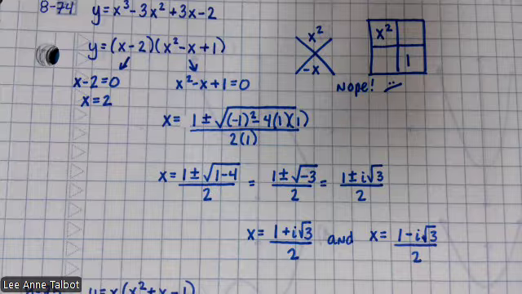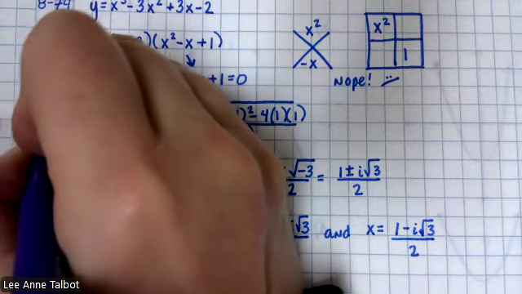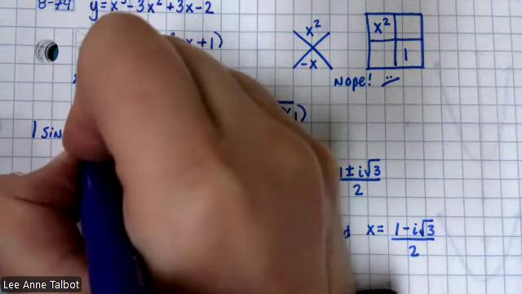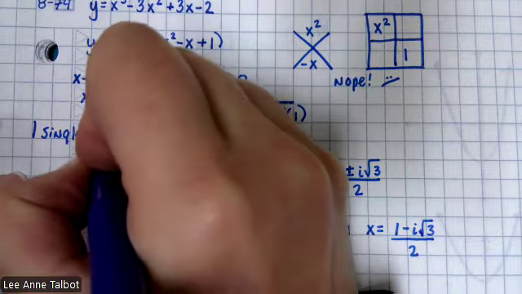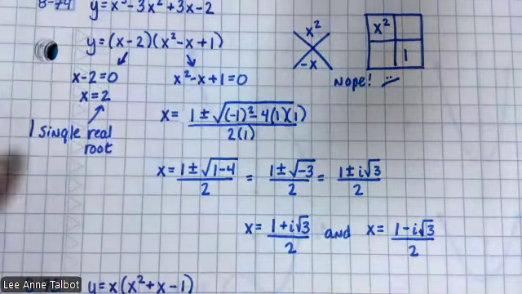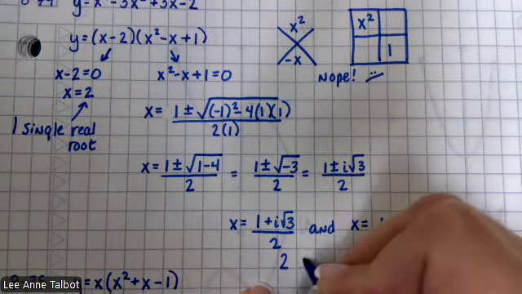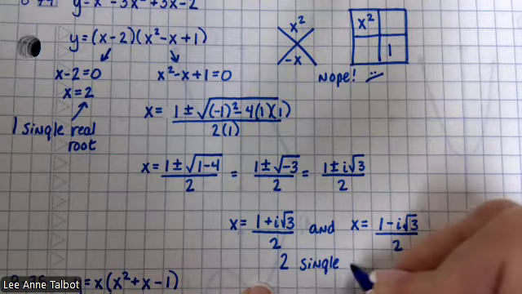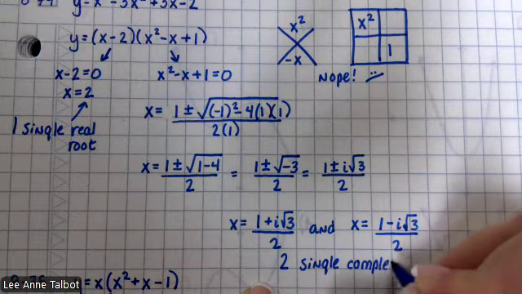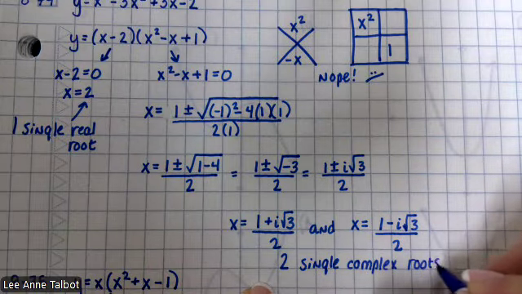So 1 single real root, that's the 2. And then these two guys are 2 single complex roots.